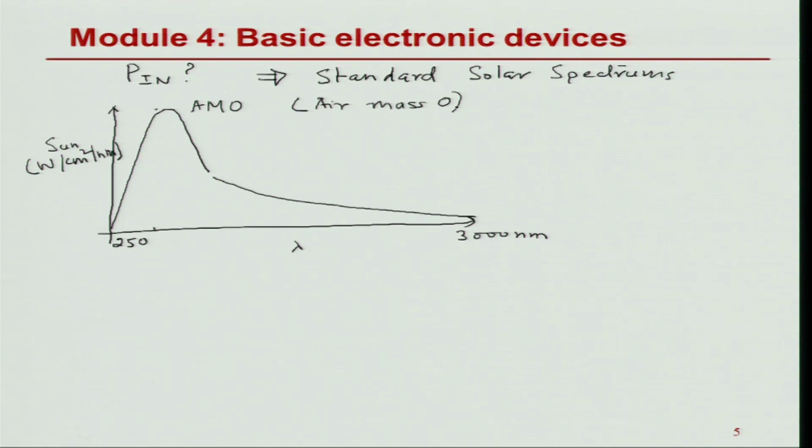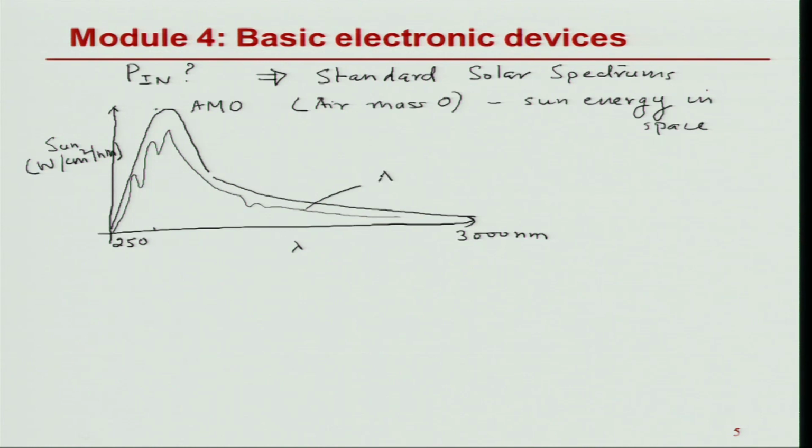And this is the sun energy that you are getting in the space. Then as the sun travels the atmosphere of the earth, its energy is going to be reduced, and it will end up showing some absorption coming from the atmosphere, and that is called air mass 1.